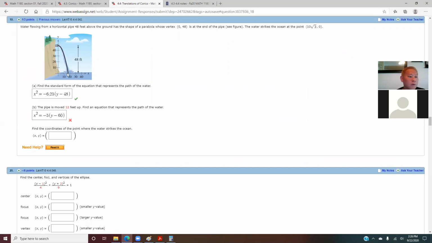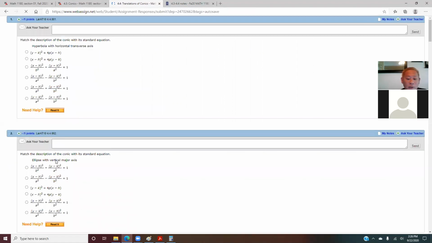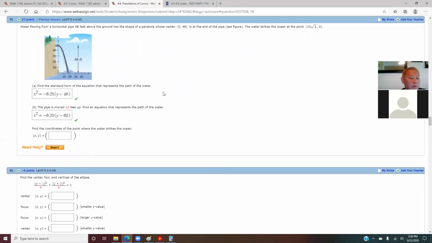Then the equation might not drop into this. Find the equation. Find the coordinates where the water strikes. So it's not the same equation then. Huh, that was weird. Let me see what's going on here. This one is a weird one.